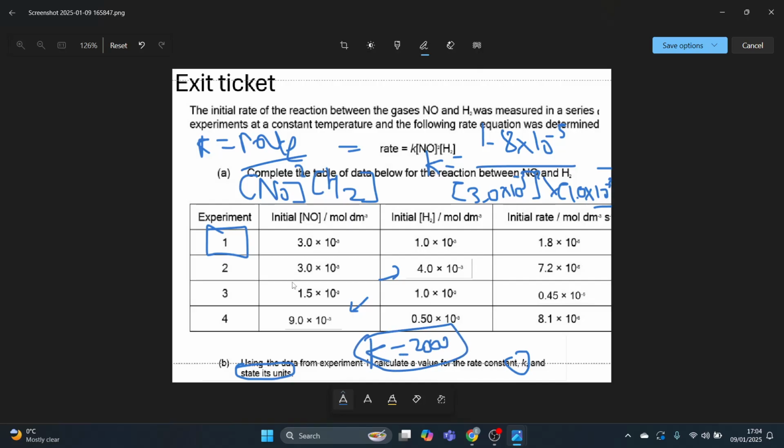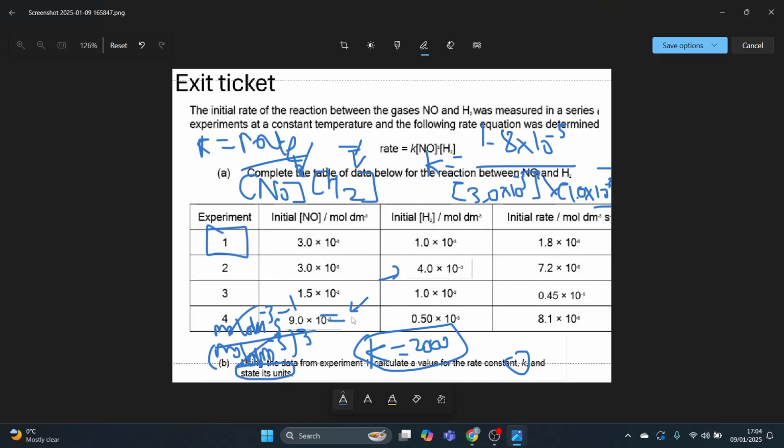The units, okay, so the rate is obviously mol per dm minus cubed s to the power minus 1 divided by, well, we've got mol per dm minus cubed squared and we've got mol per dm minus cubed, so that's going to be mol per dm minus cubed.